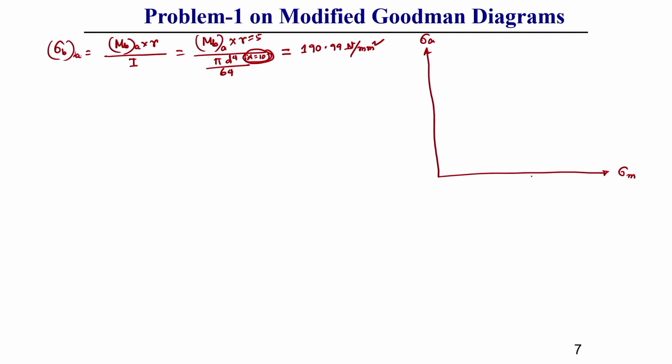First of all we need to draw the Goodman line. Let us consider this line AB, from endurance strength to ultimate strength. This is a straight line, and now we need to draw the yield line.